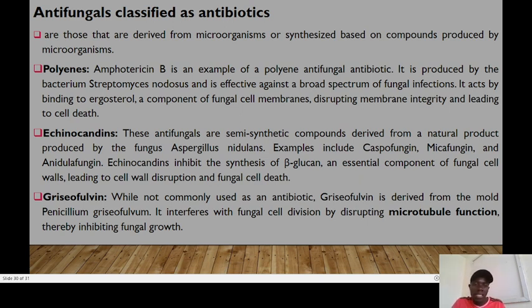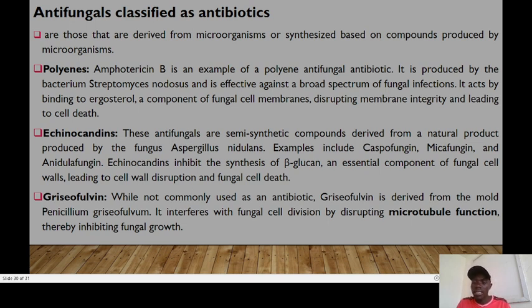Echinocandins are derived from a natural product produced by the fungus Aspergillus nidulans. Examples we have already mentioned are caspofungin, micafungin, and anidulafungin, and they work by inhibiting synthesis of beta-glucan, an essential component of the fungal cell wall.